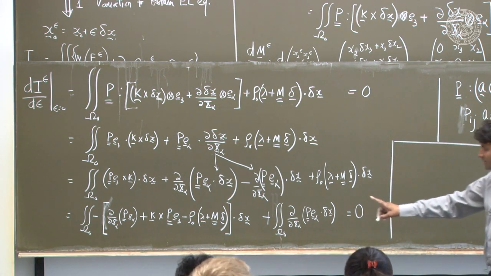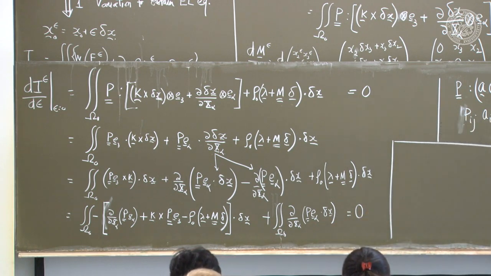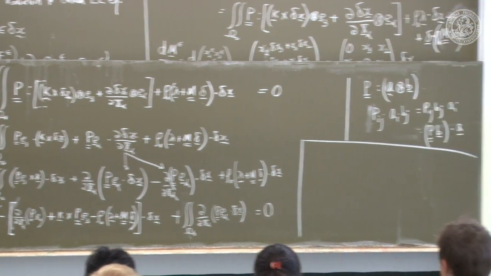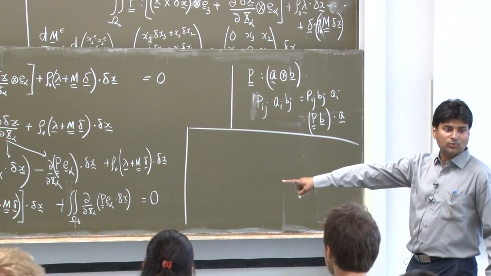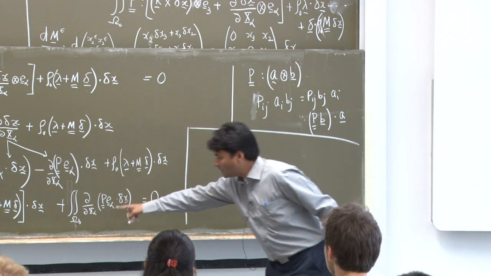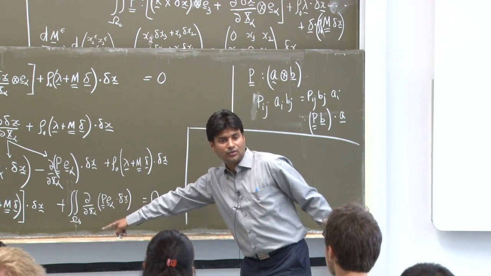Now, what do we do with the second term over here? As you can see, this is a divergence only in the cross section, only x1 and x2. There is no del by del x3, it is just del by del x1, del by del x2.